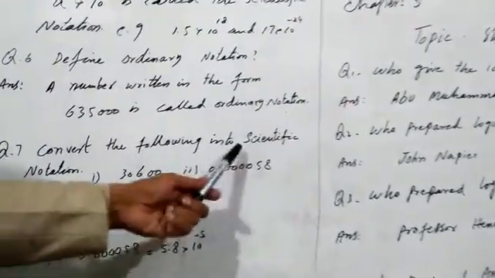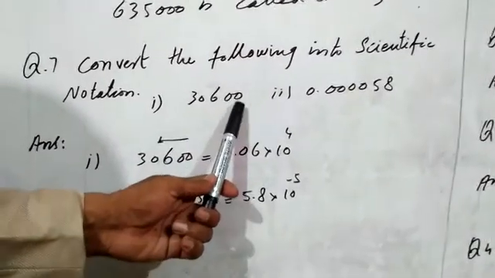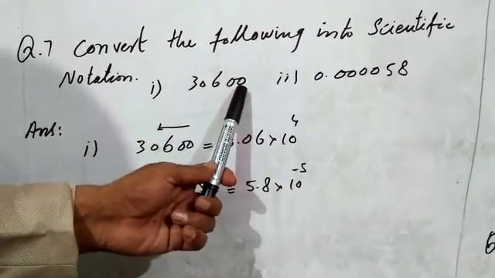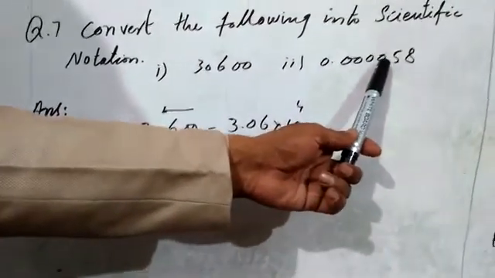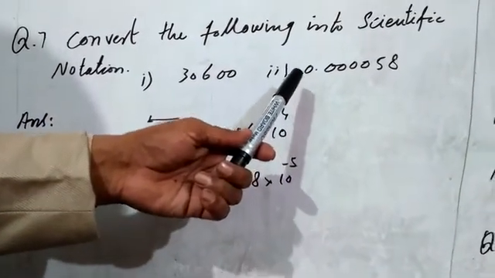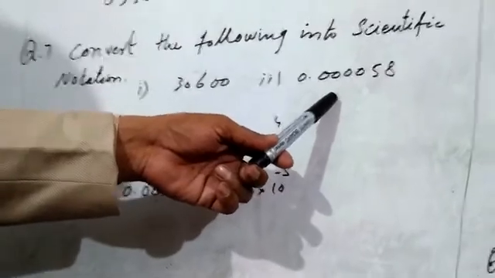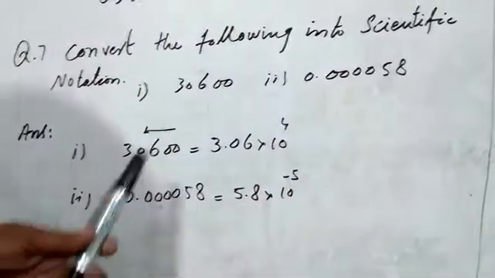So convert the following into scientific notation. First is 30600, which is ordinary notation. In part 2, 0.000058 is also an ordinary notation. So we have to change these ordinary notations into scientific notation.